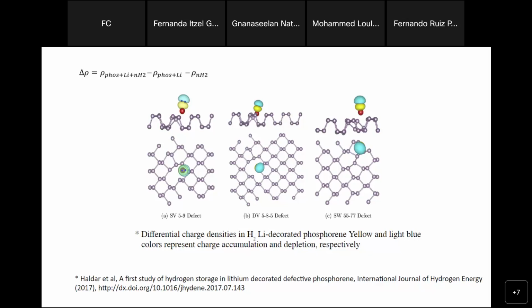Such strong polarization implies that the hydrogen bonds with the lithium atom following a weak electrostatic dipolar mechanism, without any hybridization or covalent bonding. Please, next slide.